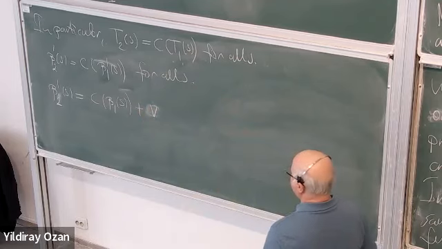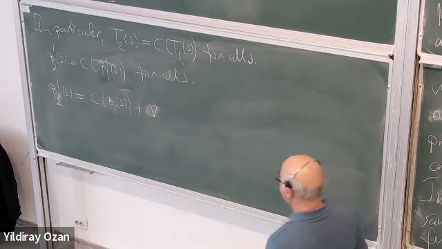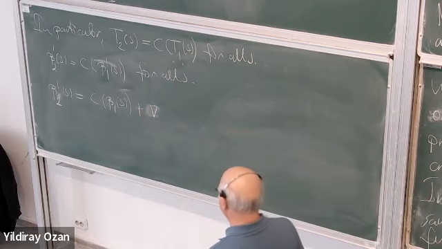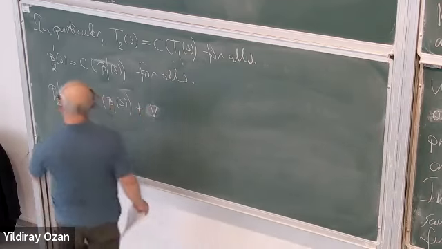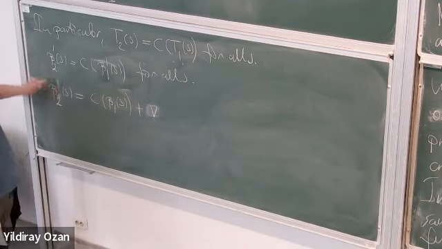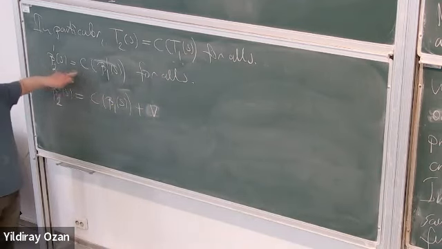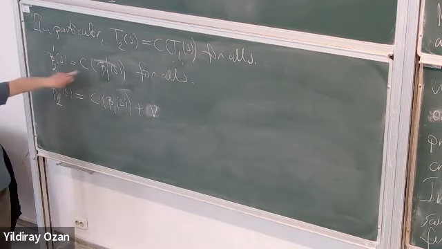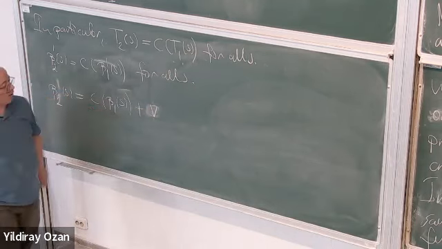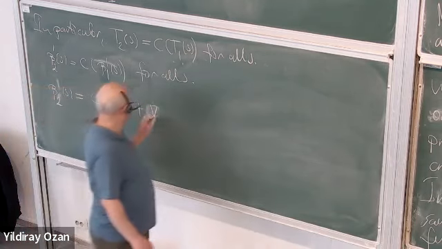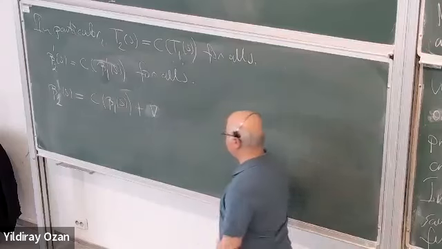I just integrate this, right? This is a vector valued function. This function and this function are the same. There is the C here. So when you integrate this, you will get this one for some vector V, right? Integration constant.